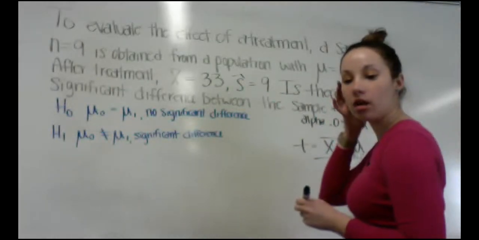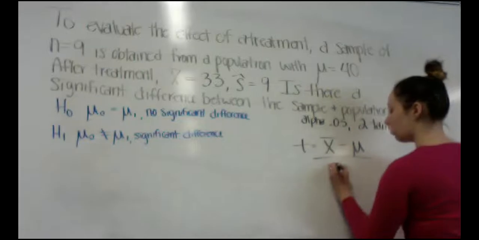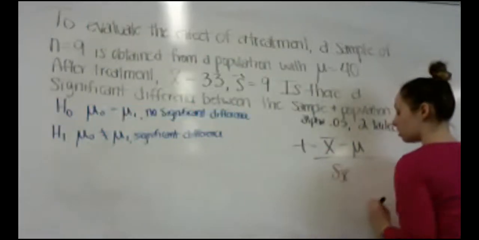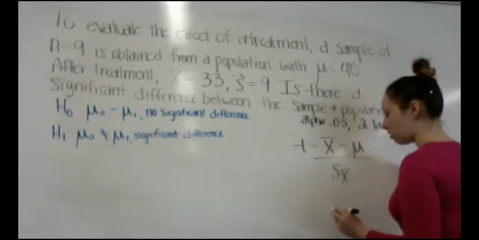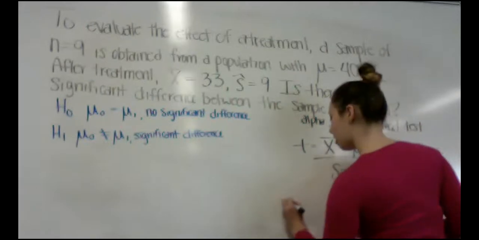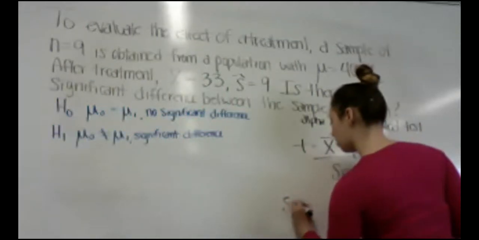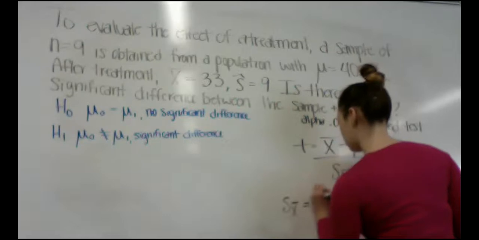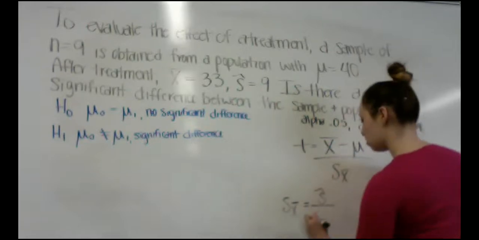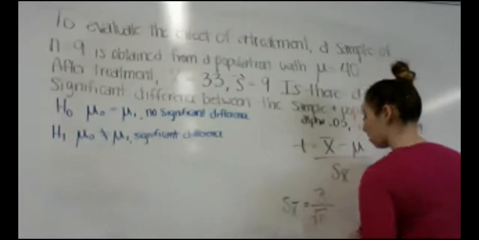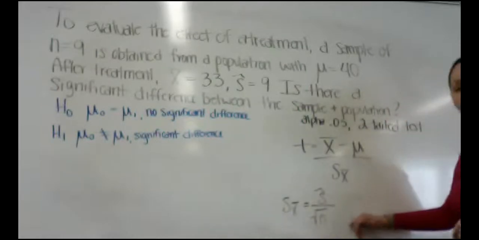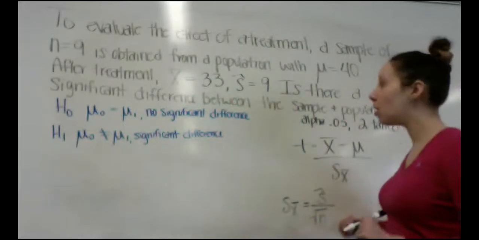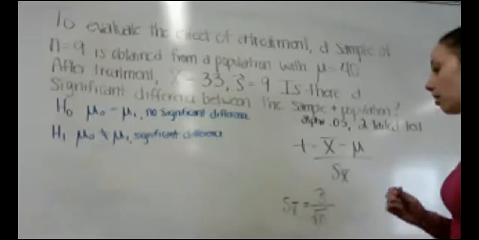However, we've got the sample standard error at the bottom instead of the population standard error, where our sample standard error is the sample standard deviation over the square root of n. So these are the formulas that we're working with. We have all of our pieces here to work this out.